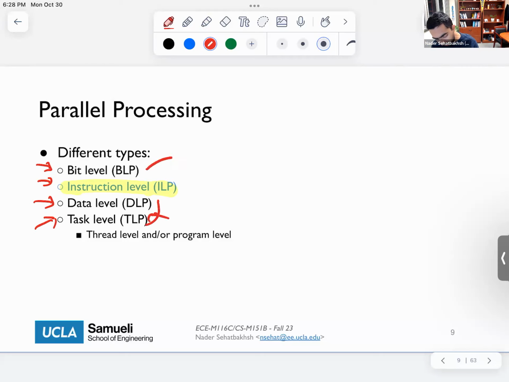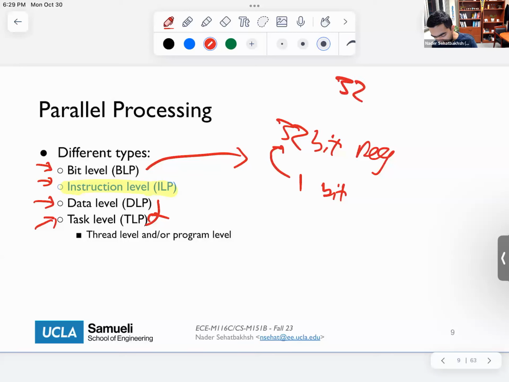And then this bit level parallelism is actually when we are using 32-bit registers, for example. An alternative to a 32-bit register was a 1-bit register, right? So the difference between adding 2 32-bit values together versus adding 2 1-bit values together is exactly this bit level parallelism.